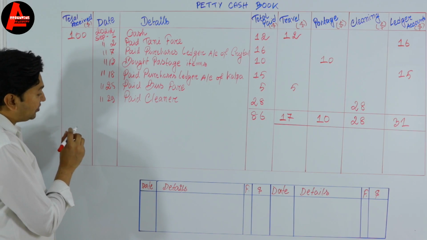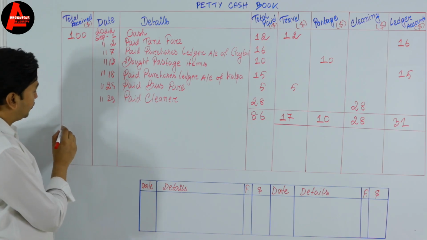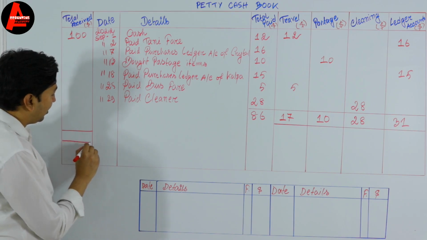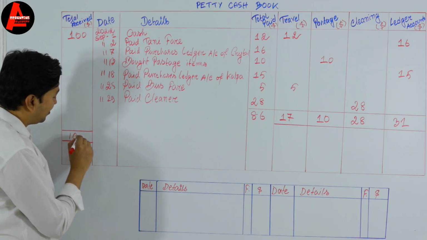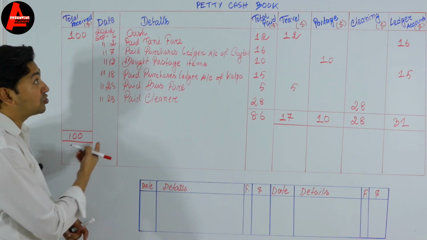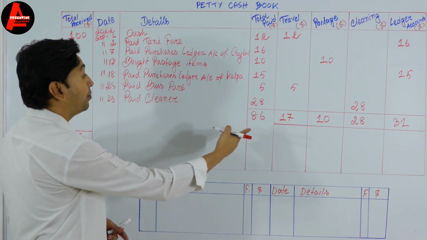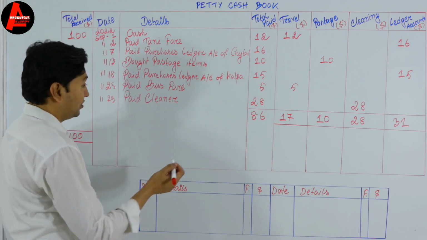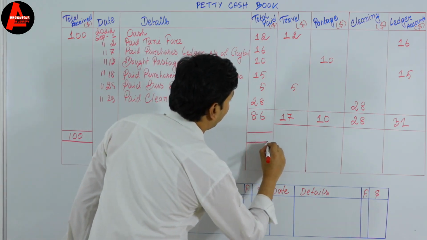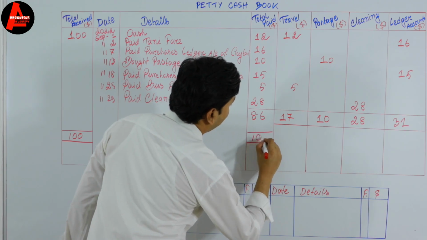As we have only one item, if we sum up here, we get just $100, right? So now we will take this amount to the total paid column, so let us come here and write $100.